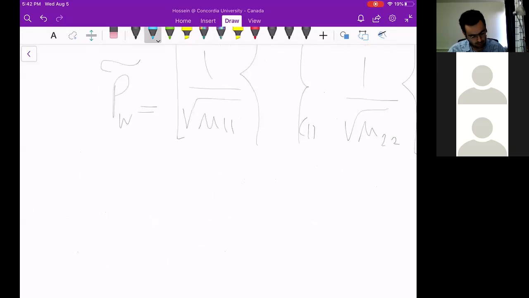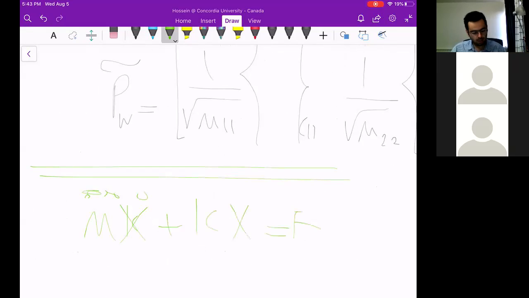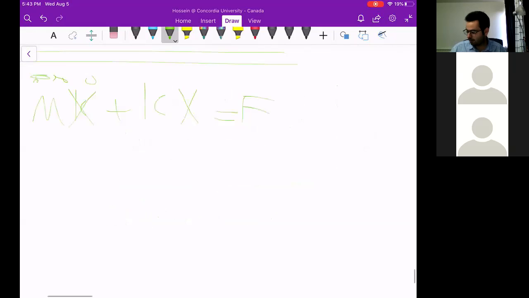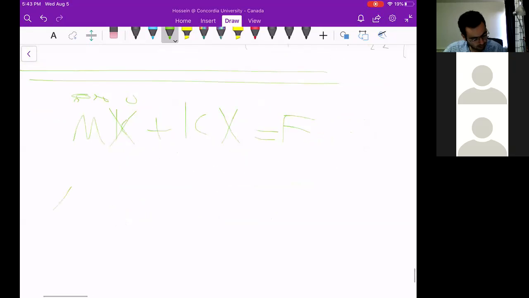The philosophy behind all these calculations is this. I think you have learned in class: M x double dot plus K x is F. To decouple it, you do a coordinate transformation: X is P y, where P is the modal matrix.